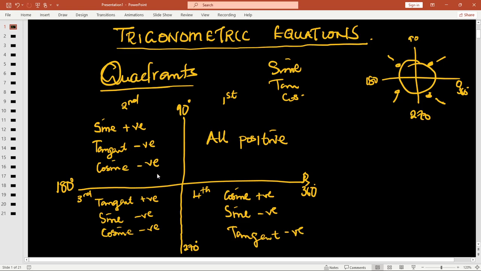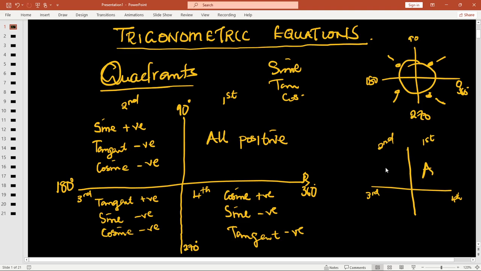So now, if we were to simplify this, we can just say: this is the first quadrant, this is the second quadrant, we have our third quadrant, then we have the fourth quadrant on this side. So we can simply say all functions are positive between 0 and 90 degrees.